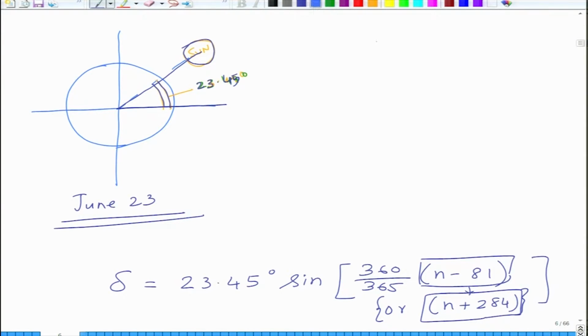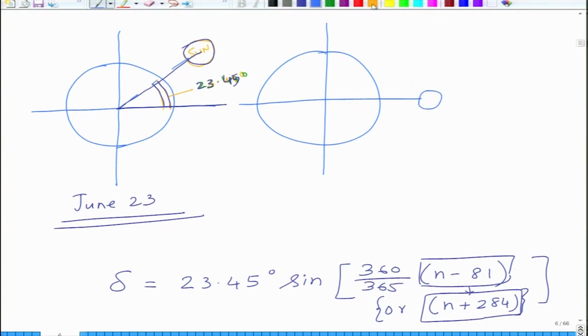If you look at another position, where the sun is here, then the angle is equal to 0 degrees. When would that be? Spring equinox. And if you take it to the other side, it will be the other equinox, the March equinox.